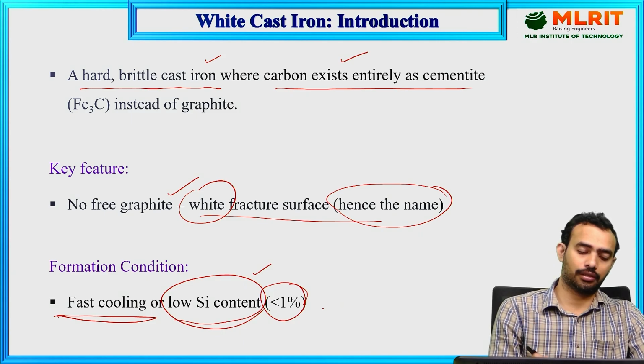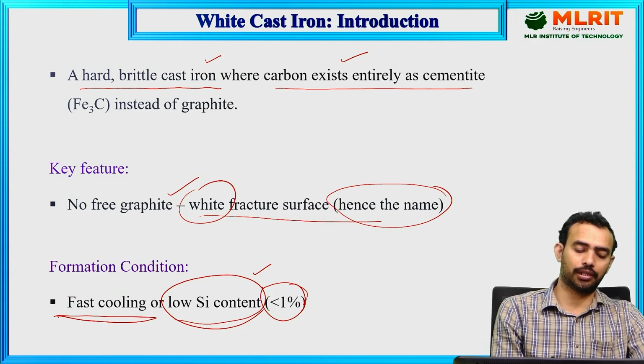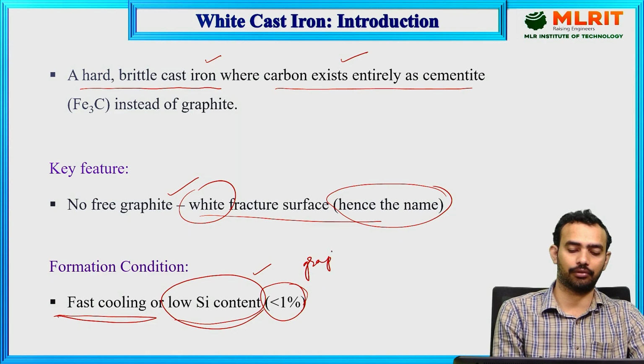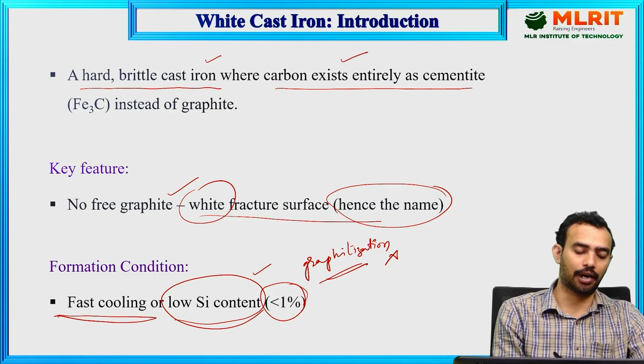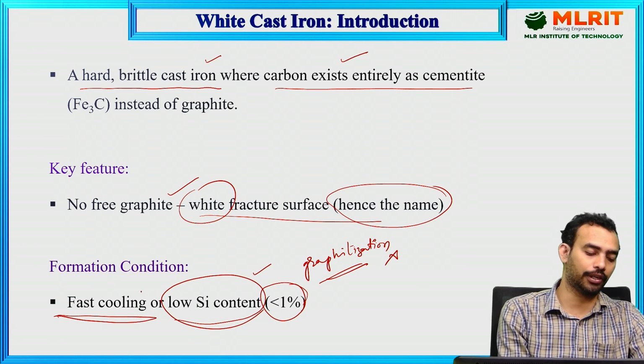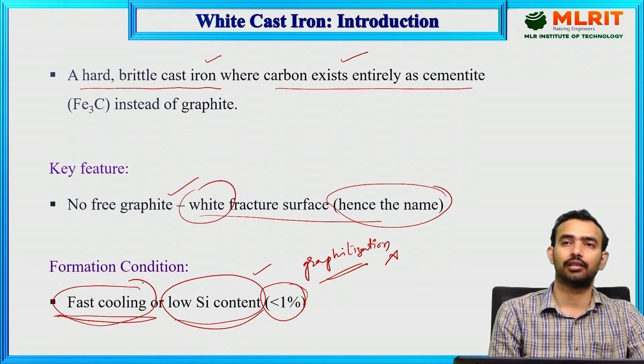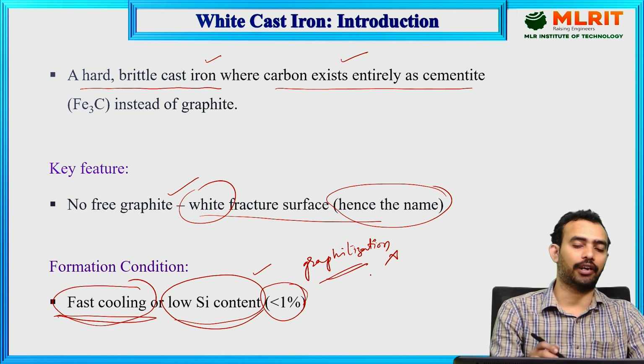We have also discussed that silicon is the primary reason for graphitization, the formation of graphite. Now in this case, the graphitization reaction, that is the decomposition reaction, is not promoted. So when you have very low silicon content and when you cool very fast, then you can form this white cast iron.